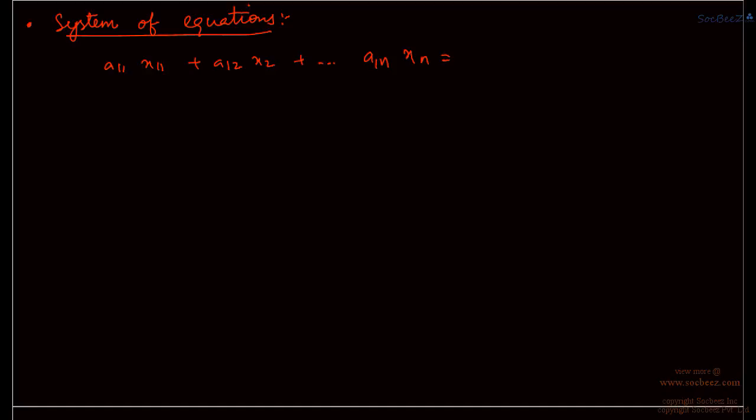Right. So suppose I have n unknowns. These are the unknowns here, x1 and so on. Right, so you get how they are written.